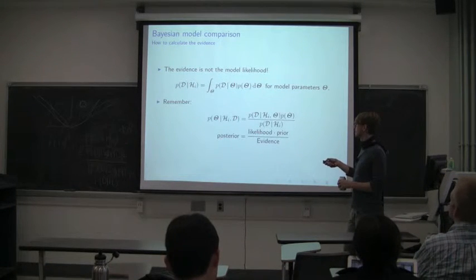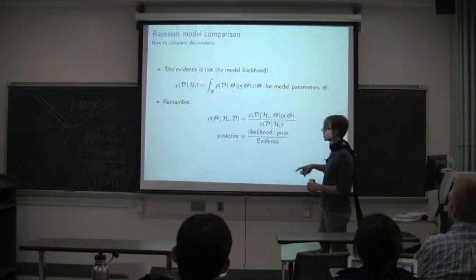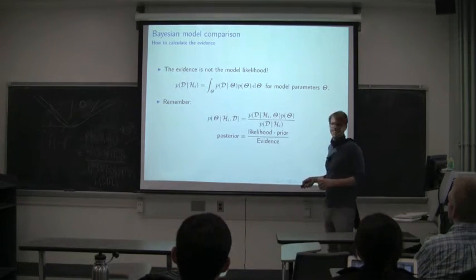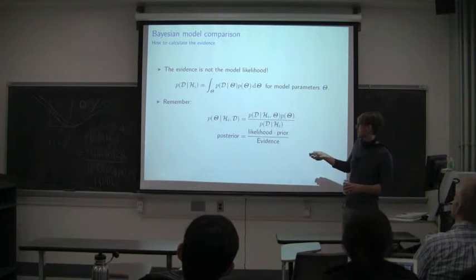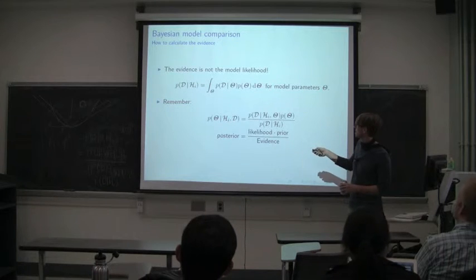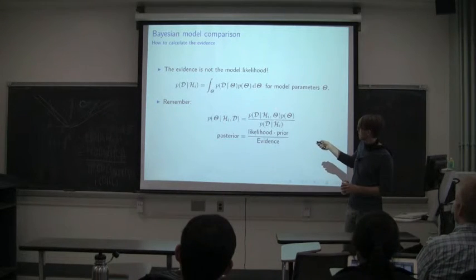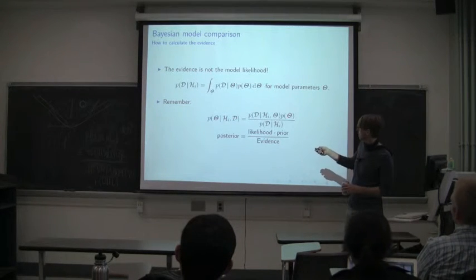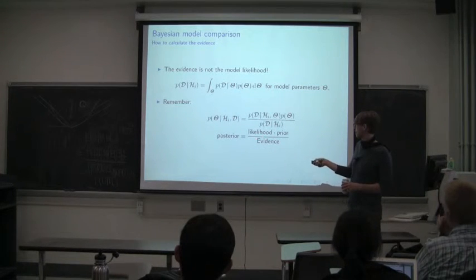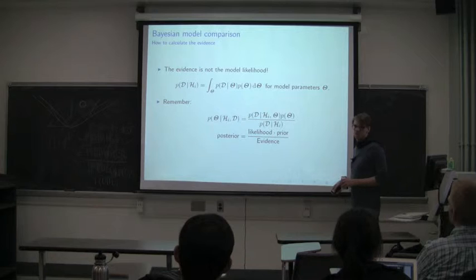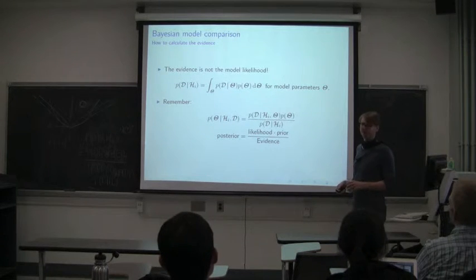I just repeated on the slide exactly what I wrote on the board. So the posterior of the parameters given the data and the model class is the likelihood times the prior over the evidence. So we use this evidence now, which we also call marginal likelihood.